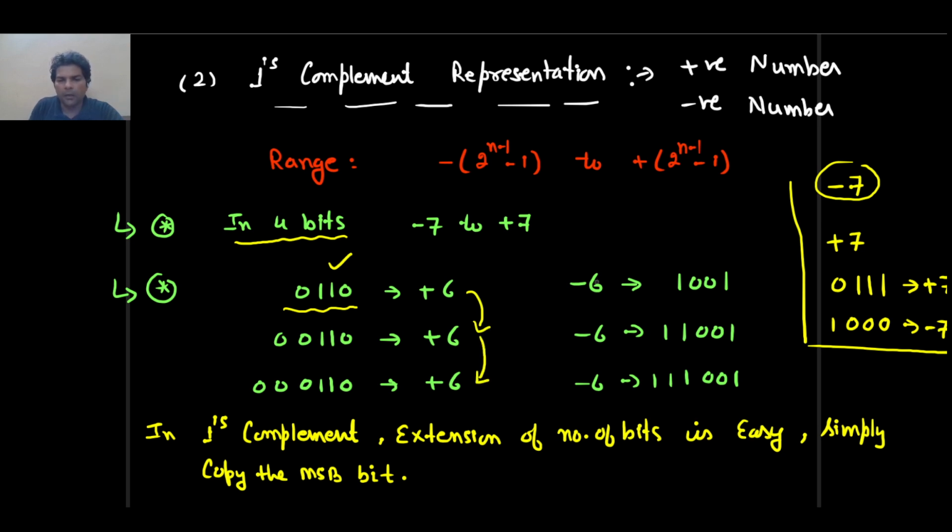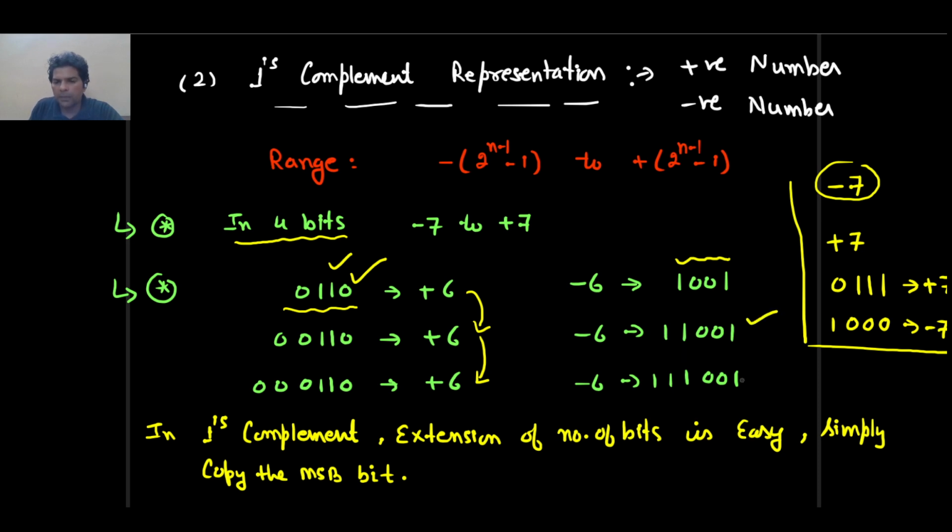Now on the negative number side, minus 6 is the ones complement of the corresponding positive number. If we want to extend the number of bits, we simply copy the MSB: 1, 1, 0, 0, 1. In 6 bits, this is again minus 6.